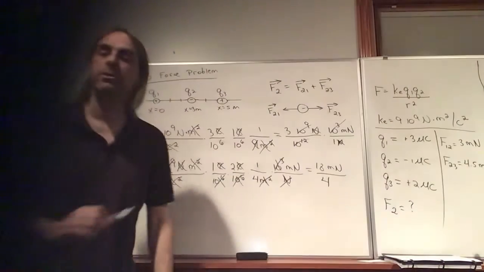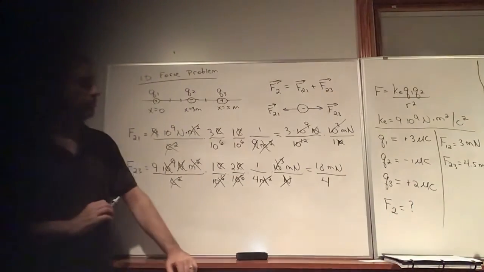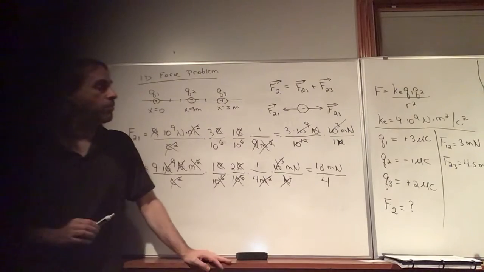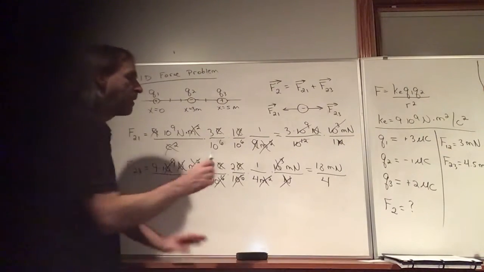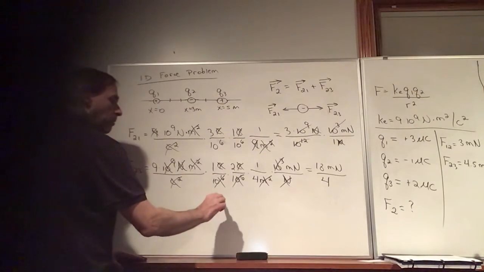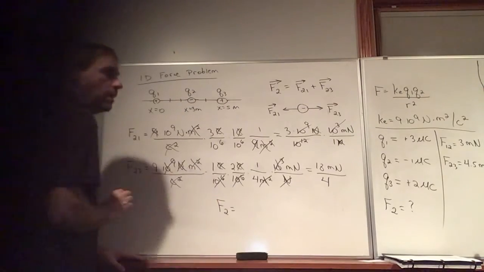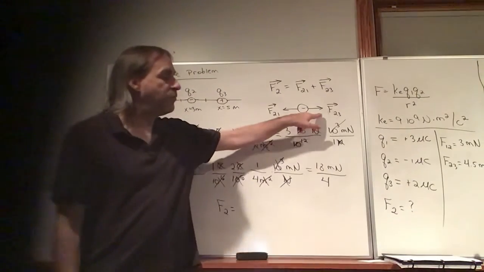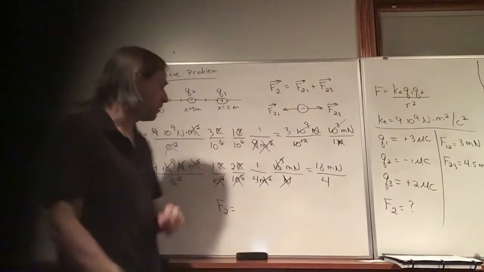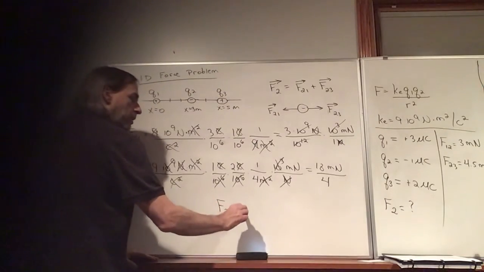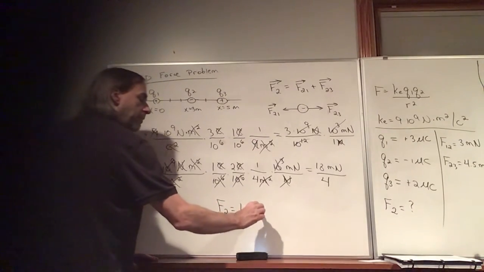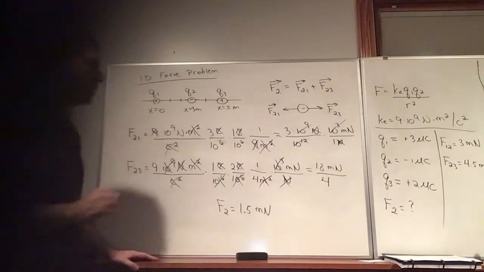And again, both of those numbers are just magnitudes. We know what direction they're pointing. So overall, the net force on mass 2, we have 4.5 to the right, 3 to the left, so the net force is just 1.5 millinewtons.